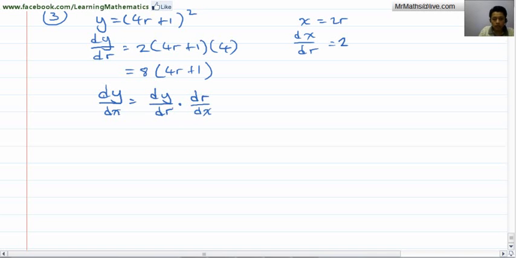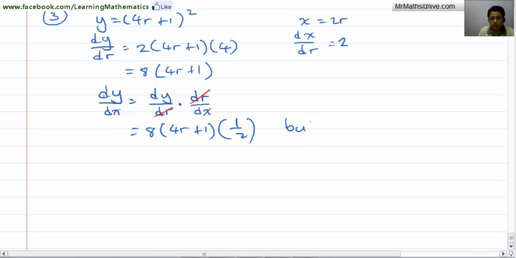So that I can just cancel out dr and become dy/dx. So that equals 8(4r + 1) times, well, dx/dr is 2, so we multiply by a half, because we just take the reciprocal of it, and it becomes 1 over 2.